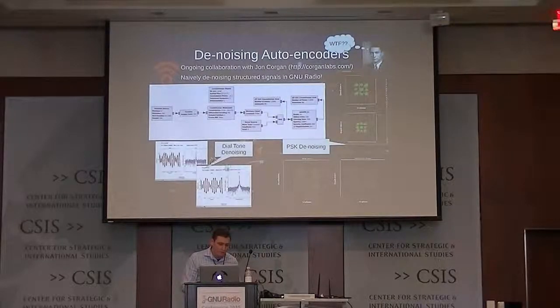And so the two examples we have here are looking at throwing a dial tone signal, which is just a tone in, and throwing a QPSK signal, which is sampled at roughly 2 samples per symbol in. And so it's really cool here because if you look, basically the noise floor here has dropped in your dial tone by like 10 or 15 dB. And in the QPSK, we seem to have reduced the cluster variance visually here in our signal.